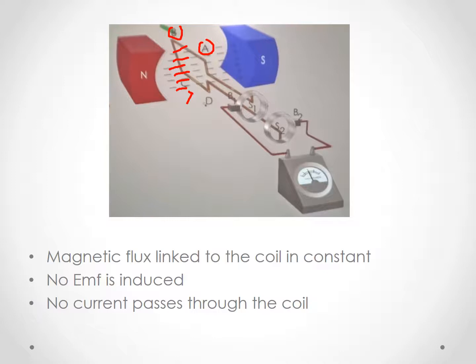But regardless, all magnetic field lines still pass through the coil and the magnetic flux linked to the coil is constant again. So because of that, there is no rate of change of magnetic flux and no EMF is induced. Therefore, no current passes through the coil. As we can see in the galvanometer, there is no deflection.